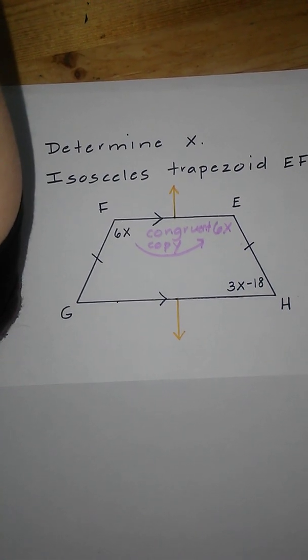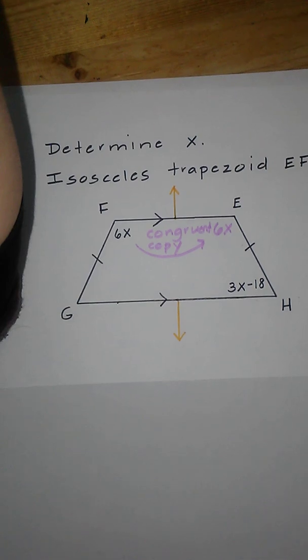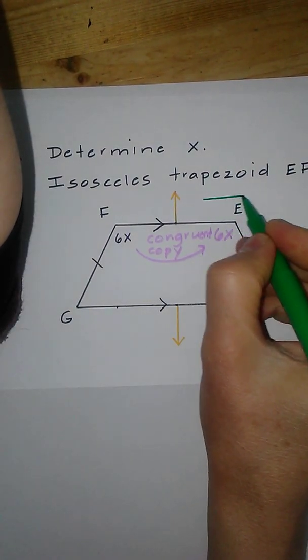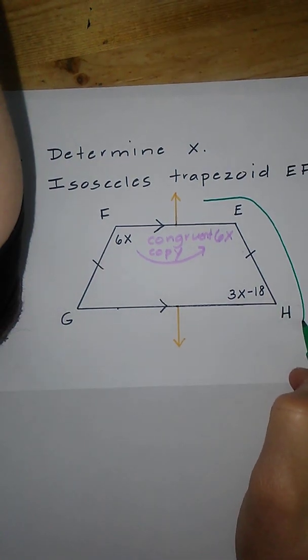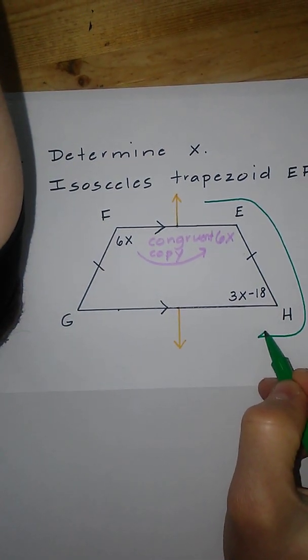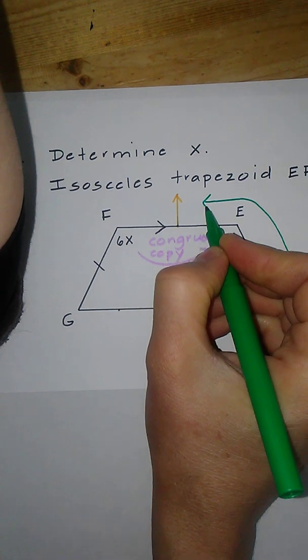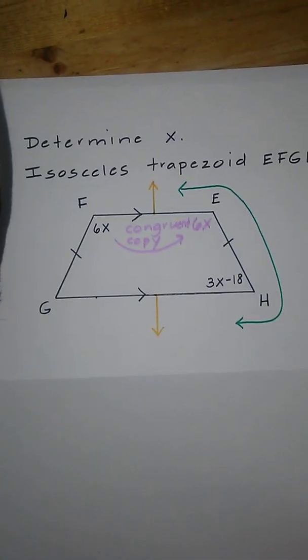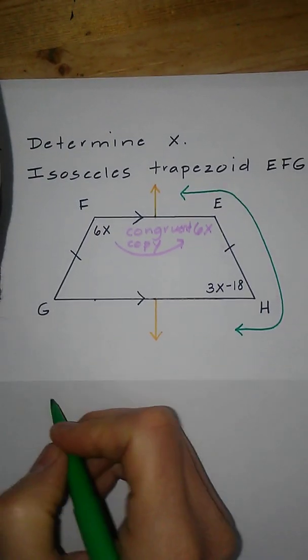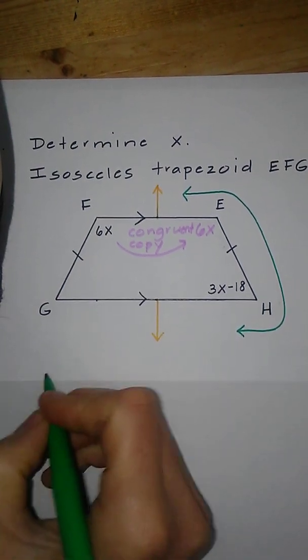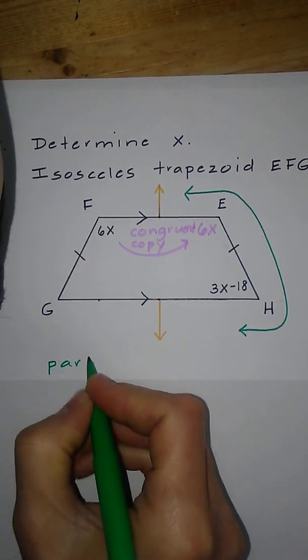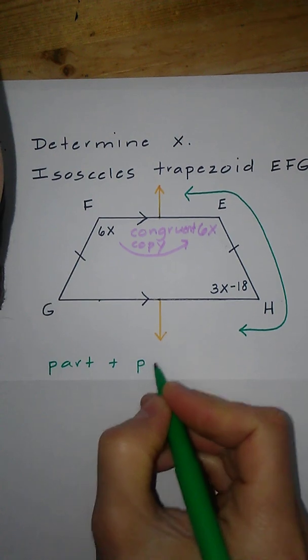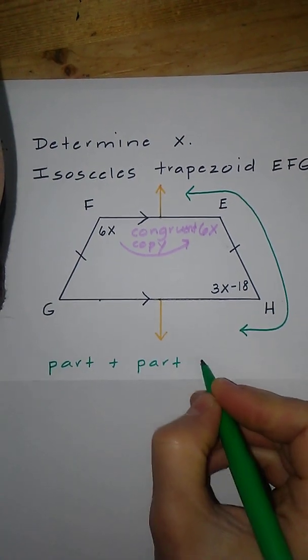And then next, what I am going to do is something that we saw in our lesson before. We're going to return to same side interior angles, the C shape. They are supplementary. So we are going to be able to do the equation part plus part equals whole.